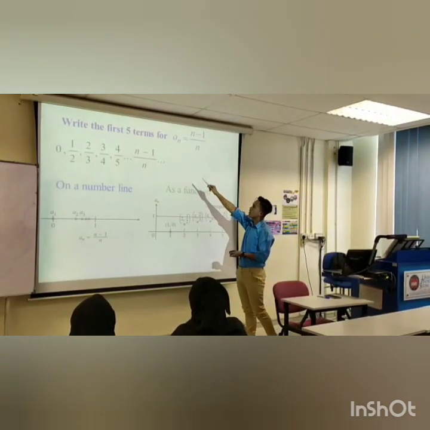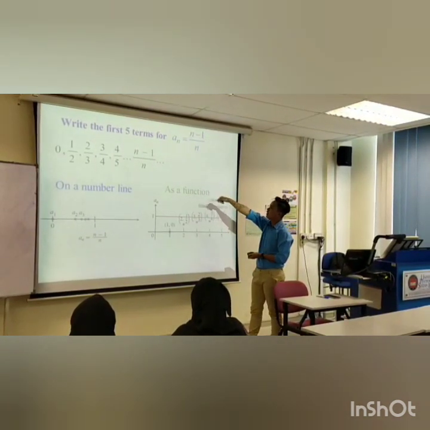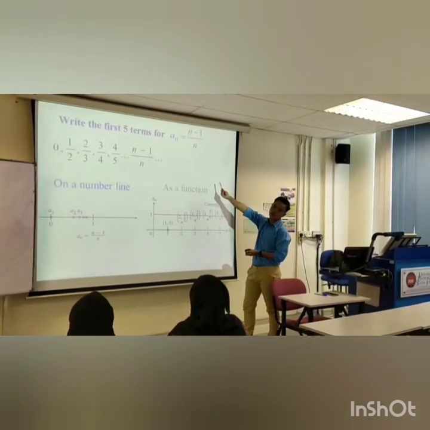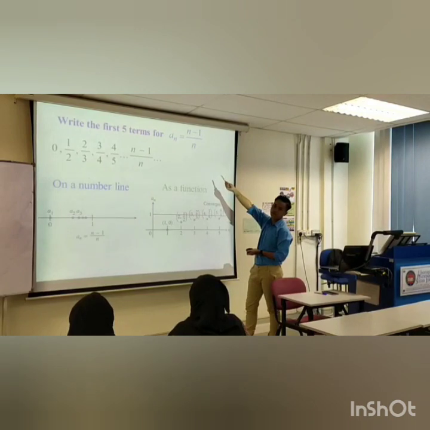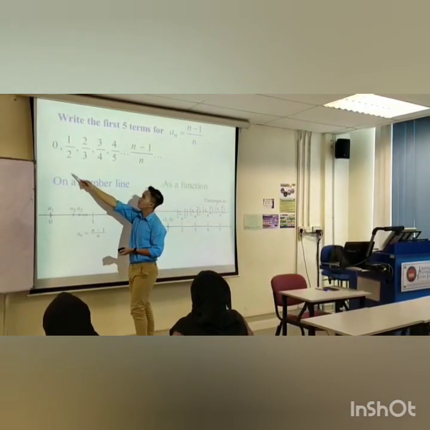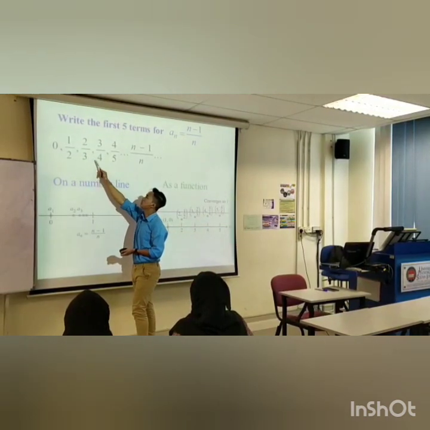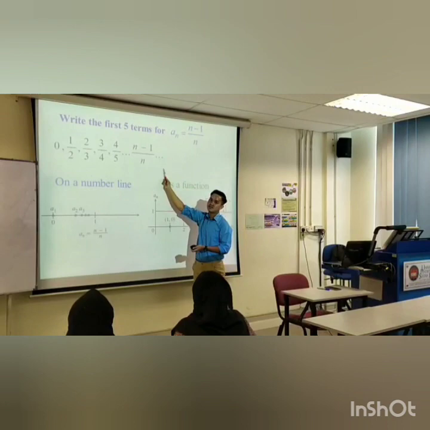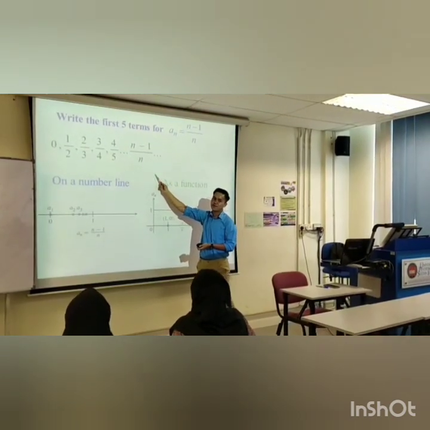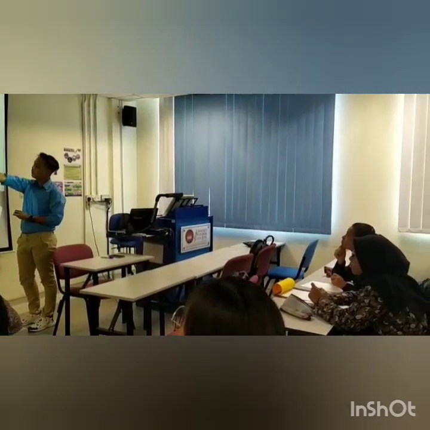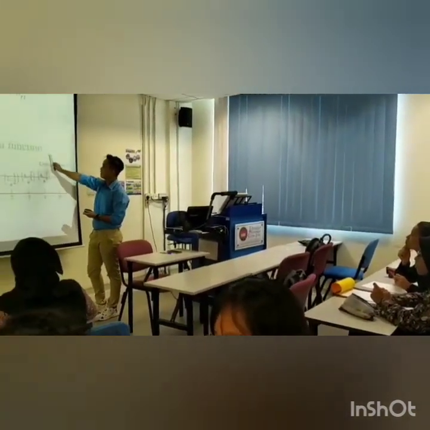So for the first five terms, you sub in from 1 until 5 for the n value. So you will get 0, 1 over 2, 2 over 3, and so on. Do you get how we get this series? I think you get it. You can do it like that, or on a number line, or as a function.